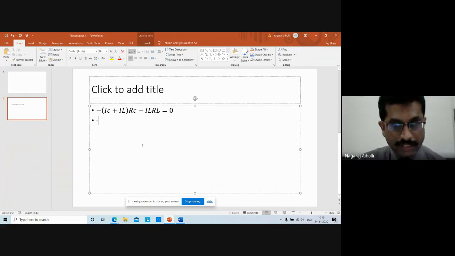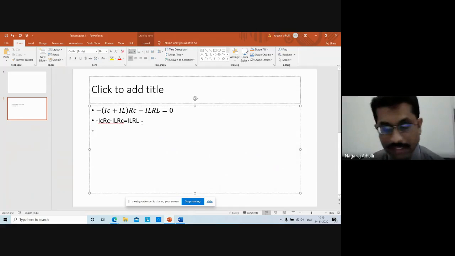Minus IC RC minus IL RC minus IL RL is equal to 0, that is, load current into load resistance, IL RL. Now, if I take this IL RC to the RHS, what will we get?